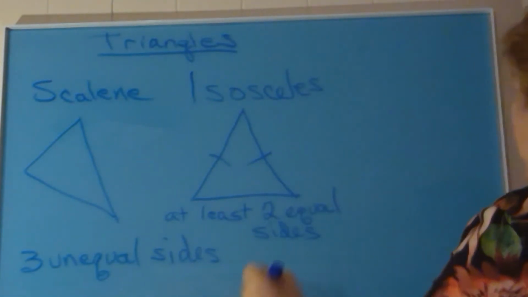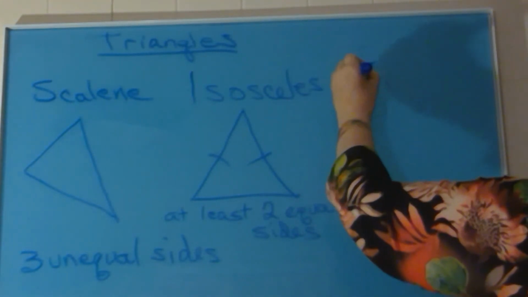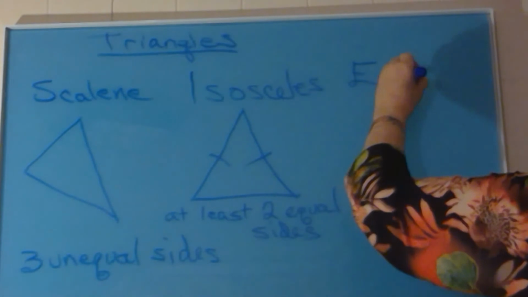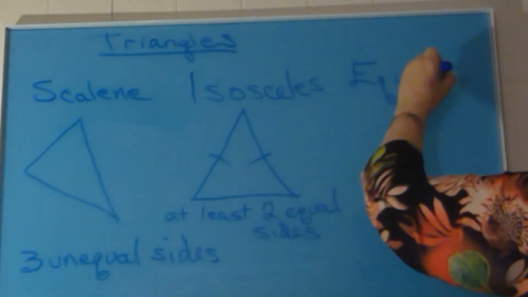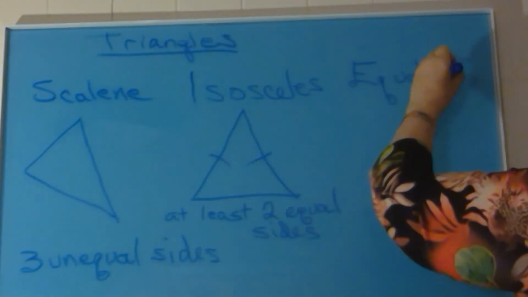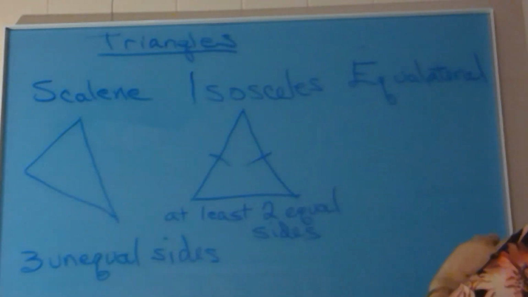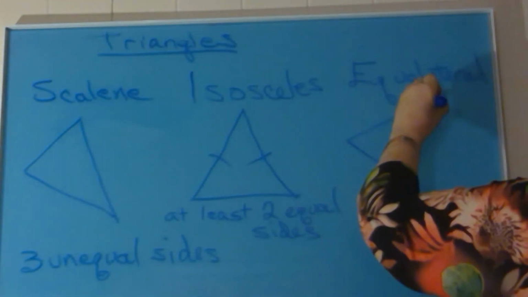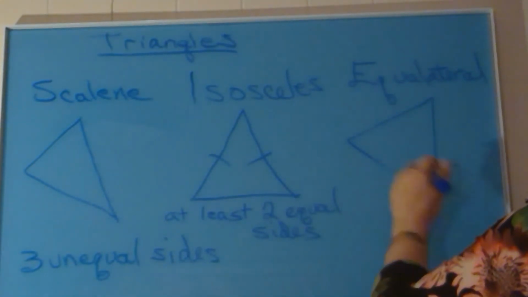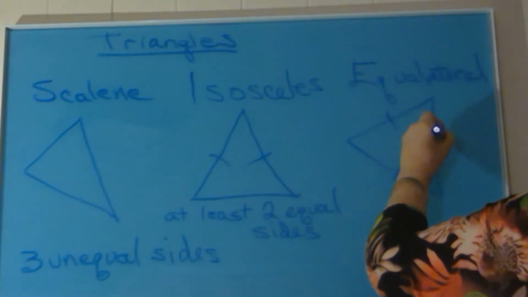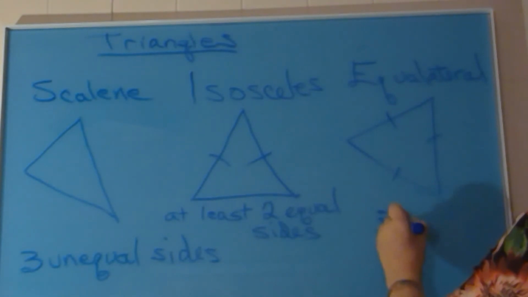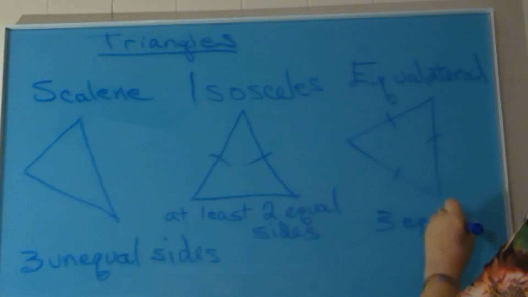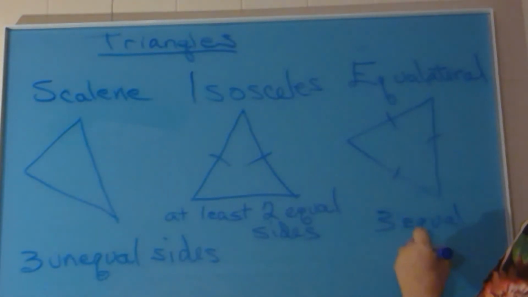And then we have an equilateral triangle, and an equilateral triangle has 3 equal sides.